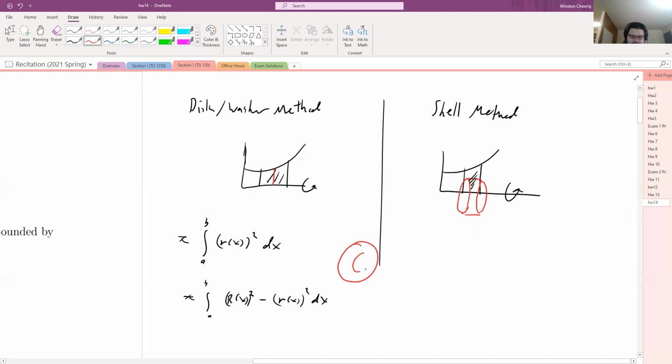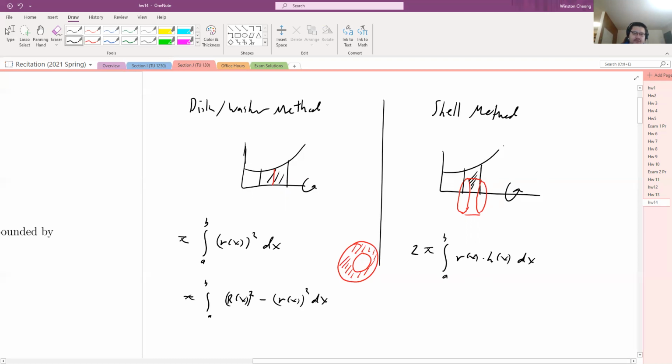In that situation, the things that you get traced out look like that, except centered correctly. Okay. So that's all on the left side. On the right side, for shell method, you'll get the formula r of x times h of x.